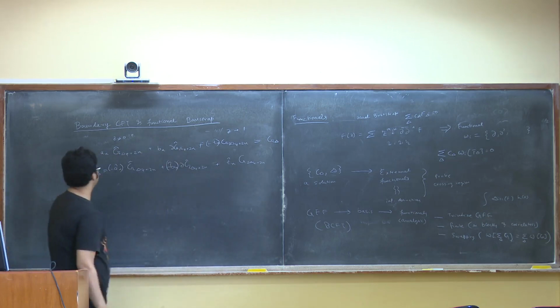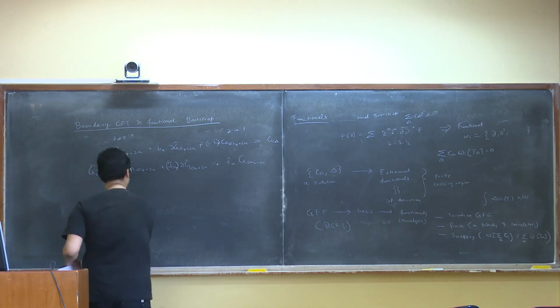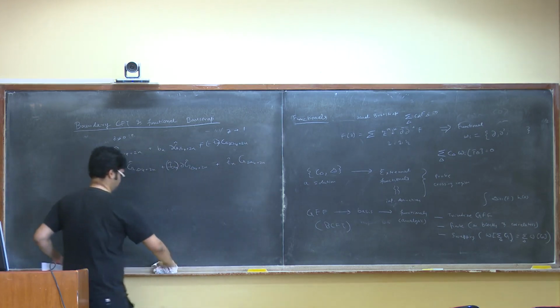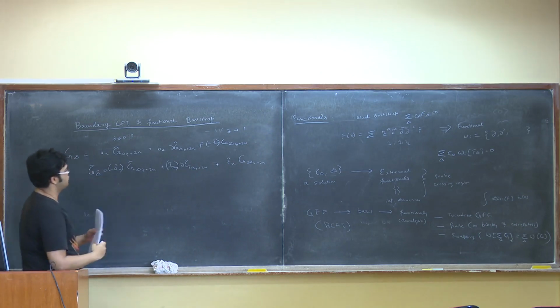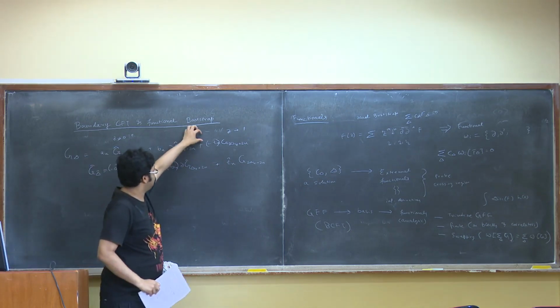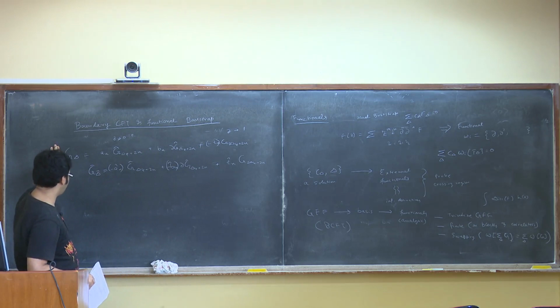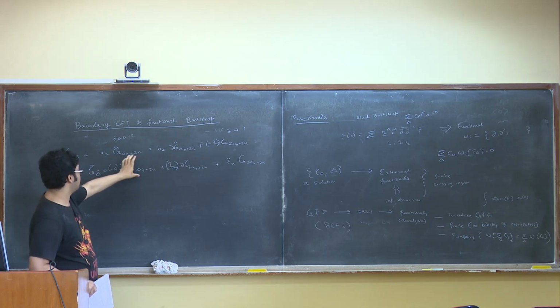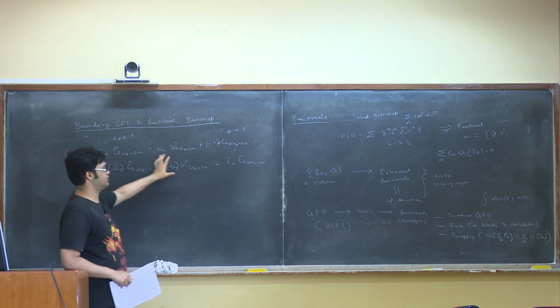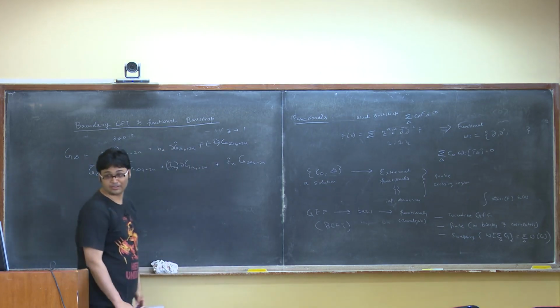So what this means is g of delta equal to that. By doing that, you can see that what I've done is I have written the bulk block and the boundary block as a sum over the blocks of double trace operators, blocks of the GFF operators on the boundary, plus double trace operators on the bulk.